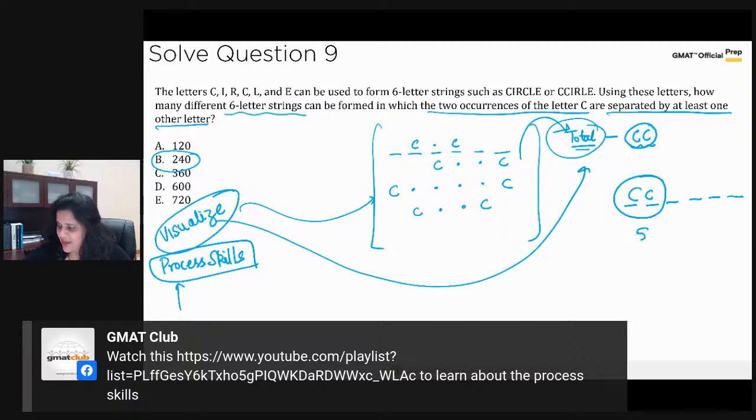So now you have a 5-letter word, 1, 2, 3, 4, 5, and the letters are C, C, I, R, L, and E, which means these can be formulated in 5 factorial. Your correct answer over here would be 360 minus 120, which is 240.